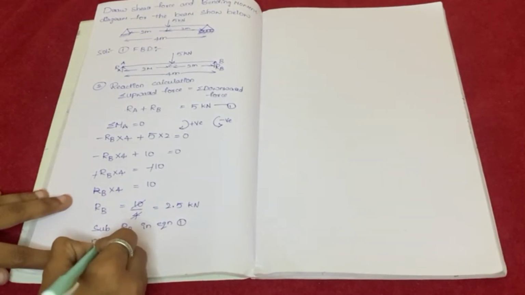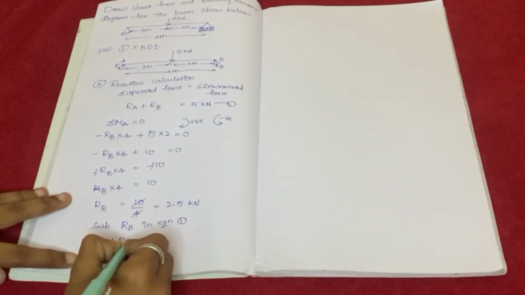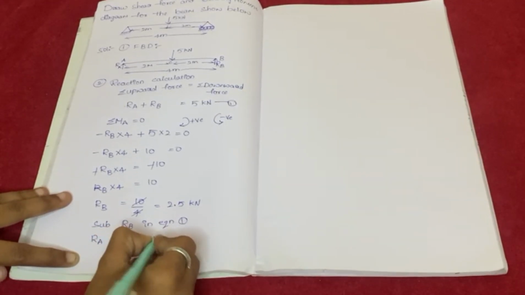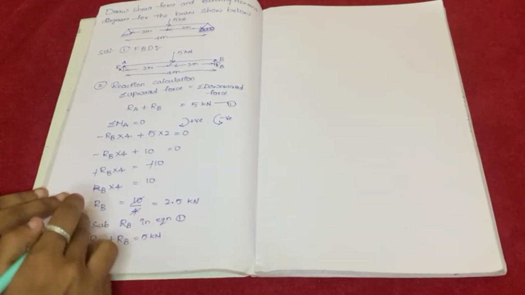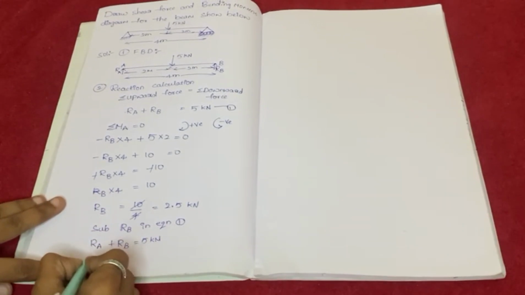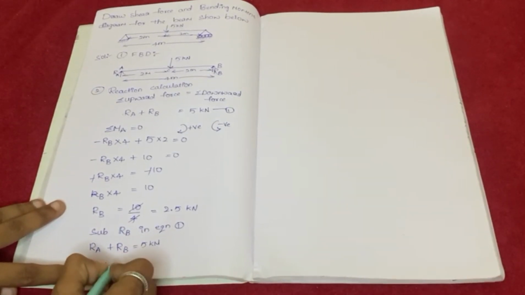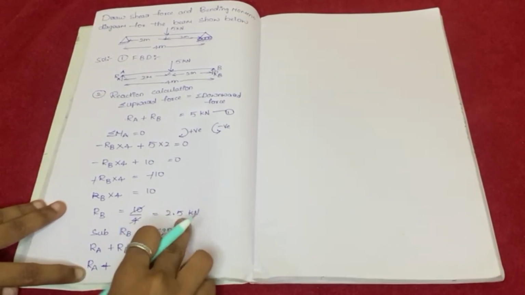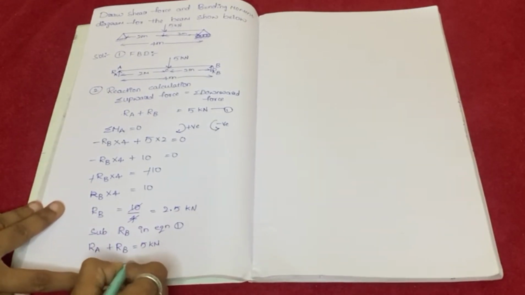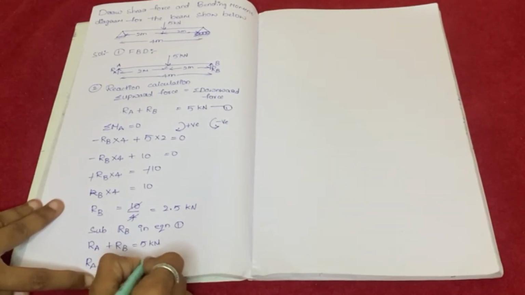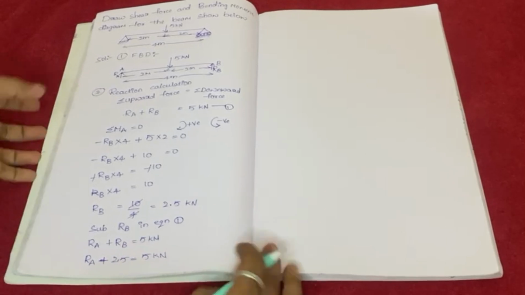Our equation is RA plus RB is equal to 5 kilonewton. Then we substitute RB in this equation. RA plus RB value 2.5 is equal to 5 kilonewton.